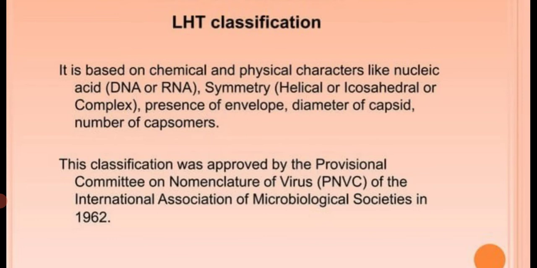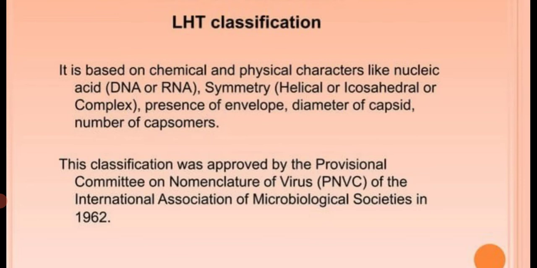The LHT system used a number of criteria for the classification of viruses. The first criterion was the nature of the nucleic acid, whether it is DNA or RNA. The second criterion was symmetry of the capsid, whether it is icosahedral, helical, or complex. Third criterion, presence or absence of a lipid envelope around the capsid.